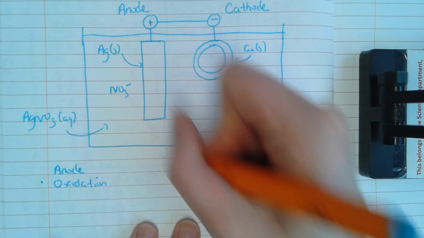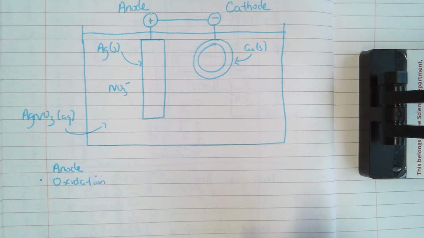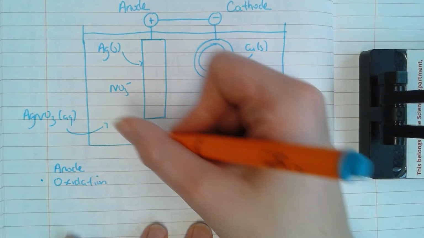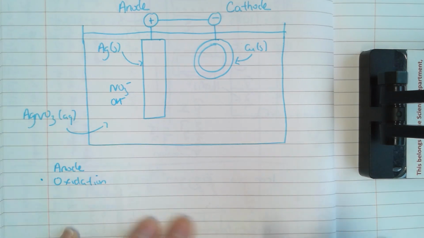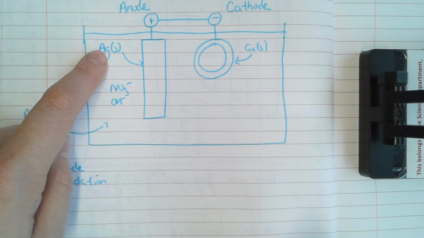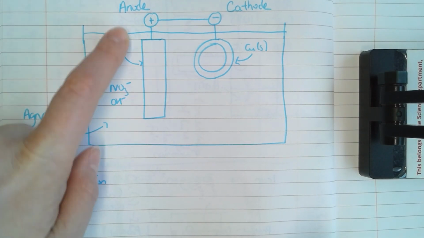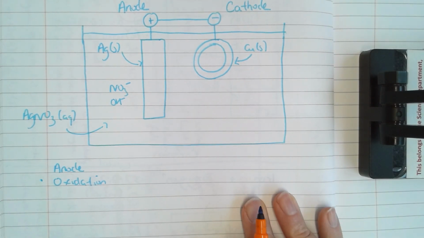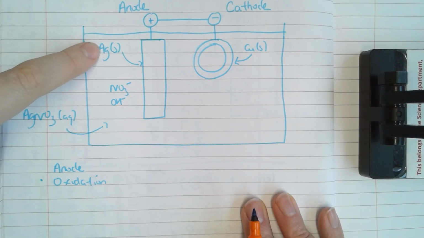That nitrate ion is negative and will migrate to the anode. Because it's aqueous, I'm also going to have OH minus migrating to the anode. And at the anode as well, I've also got silver. So solid silver is what my anode is made of. Remember, if I was using graphite, it's unreactive, it doesn't get involved. But just like when we had copper at the anode, silver is reactive enough to get involved.